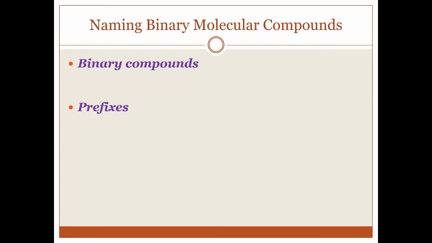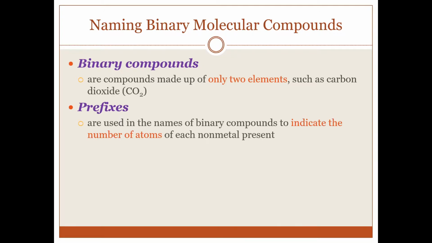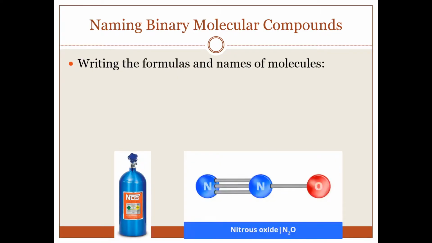Binary molecular compounds are compounds made up of only two elements. An example would be carbon dioxide, carbon and oxygen. Prefixes are used in the names of binary compounds to indicate the number of atoms of each nonmetal present.